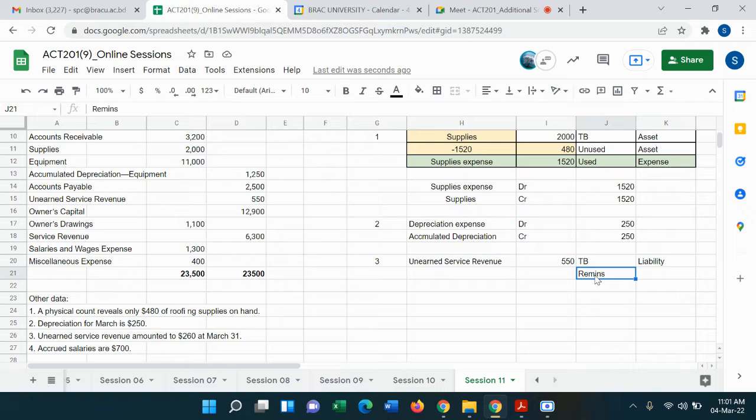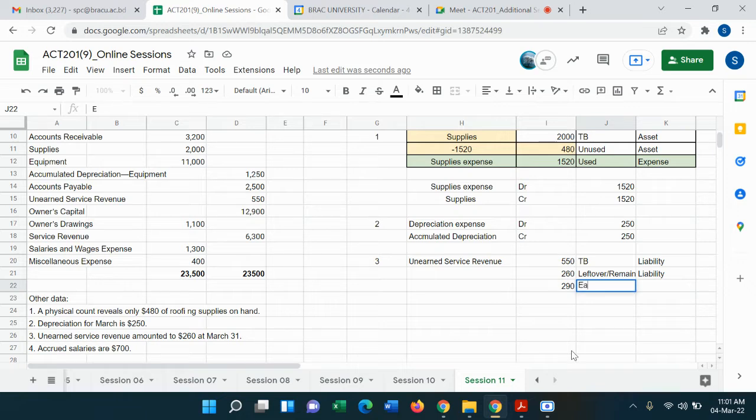Leftover liability is $260, yes, exactly. So what happened with the difference, 290? What happens with that? They provided the service of $290 already.